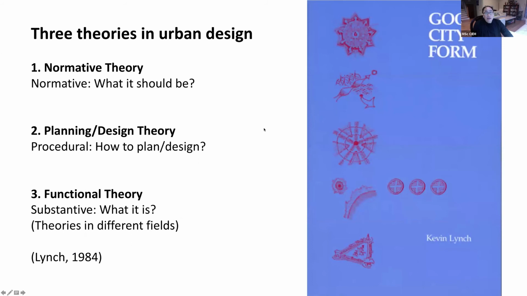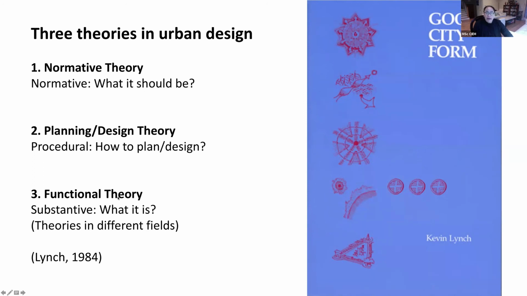So finally, we'd like to briefly talk about theories of urban design. Kevin Lynch talked about 3 theories in his book, Good City Form, including normative theory, planning theory, and functional theory. In normative theory, we ask the question of what it should be, instead of asking what it is, right?